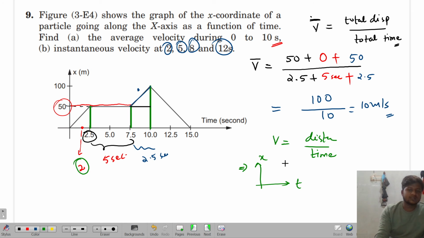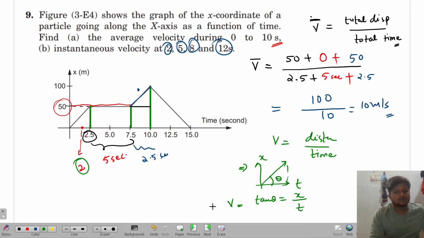In the x-t graph, this angle theta, this tan theta, is going to give you the perpendicular x divided by time t, which is equal to velocity. This is also called the slope of the graph. So if you can calculate the slope of the graph, you can definitely know the velocity of the body or not. Tell me yes or no.